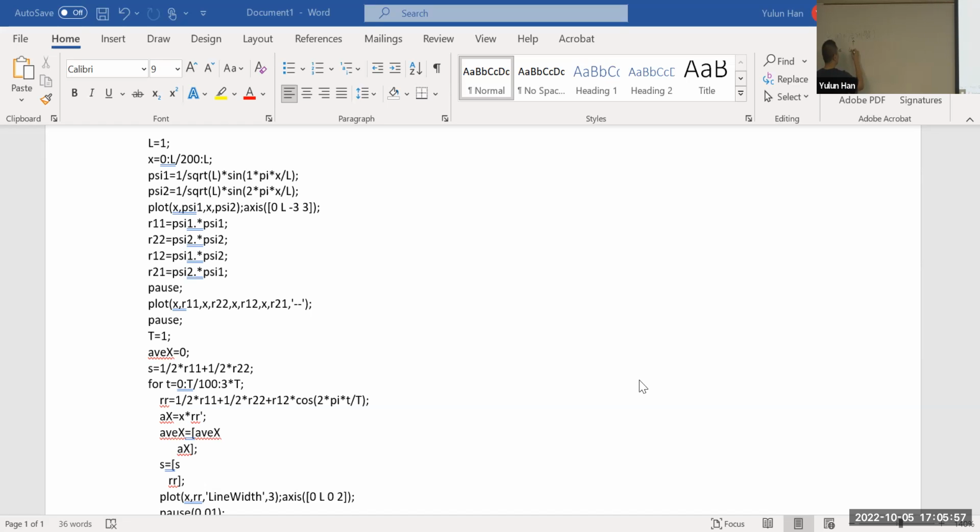This is the mass of the box. So basically, if we know the quantum number, we know which state or the energy of the particle. So the code here, psi1, this is your ground state. Psi2, this is your second state, the first excited state.